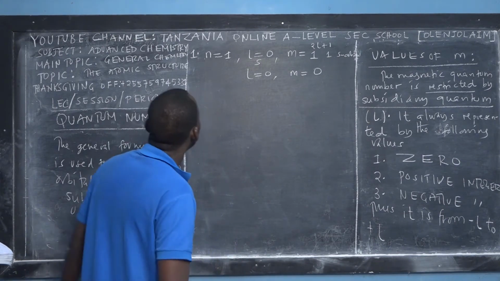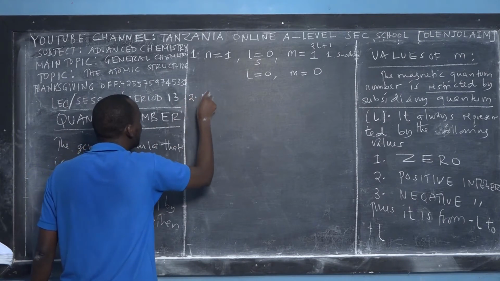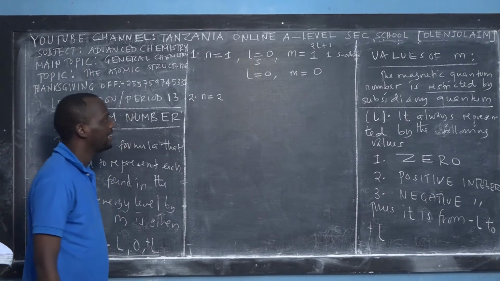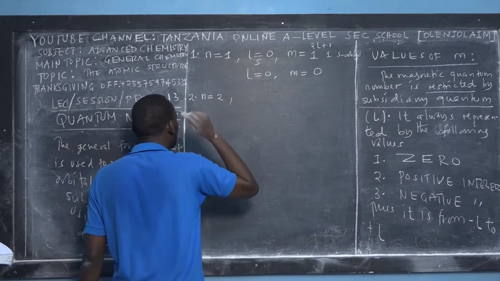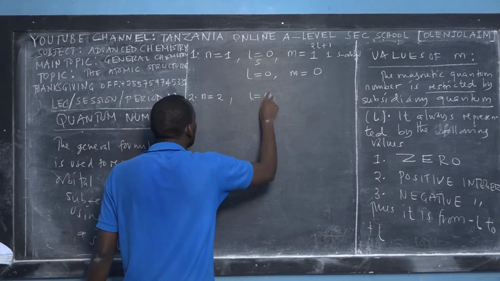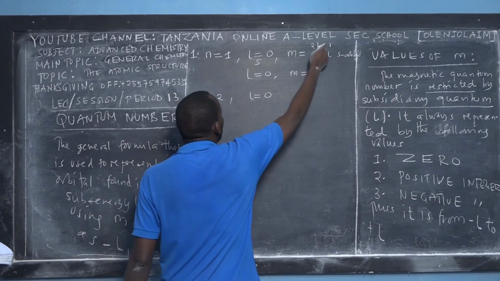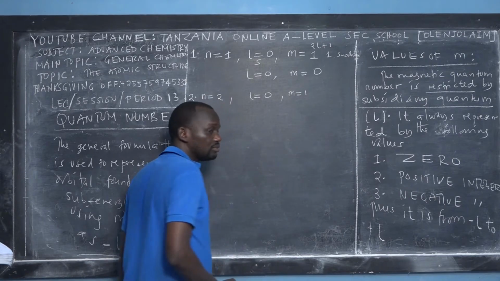Listen carefully. And then, if we go to n is equal to 2, that is the principal quantum number, n is equal to 2, then here we have two subsidiary quantum numbers. The first one, L is equal to what? To 0. So when L is equal to 0, by using this formula, we know that the number of orbitals is going to be 1, right?